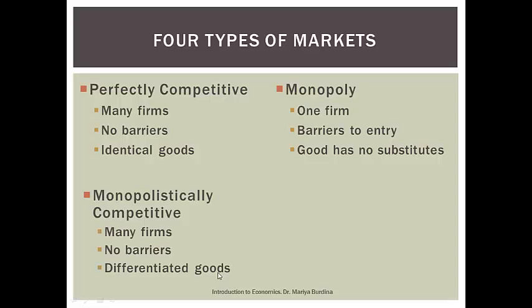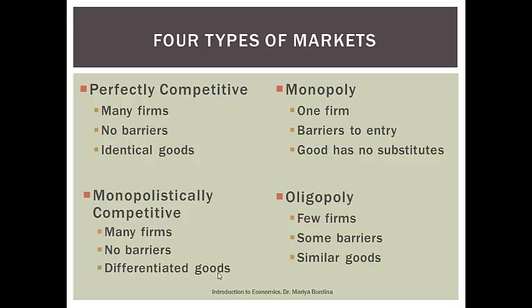So in a way, the sellers try to present their goods as something unique, something that has no substitutes, even though the products are pretty similar. But each manufacturer, each firm says that their product is unique in a certain way. We're going to look at the examples of these markets when we discuss them in more detail.